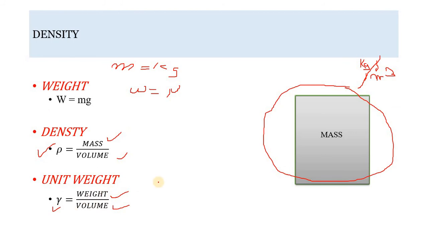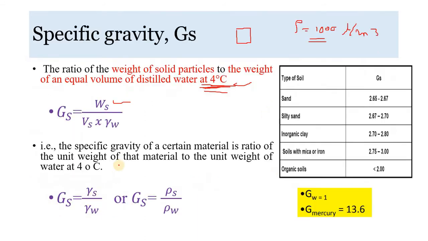आपण युनिट वेट बघितलं, weight is equal to gamma into volume. So आपल्याला काय पाहिजे, weight of an equal volume of distilled water. So volume of solid into unit weight of water will give the weight of equal volume of distilled water.